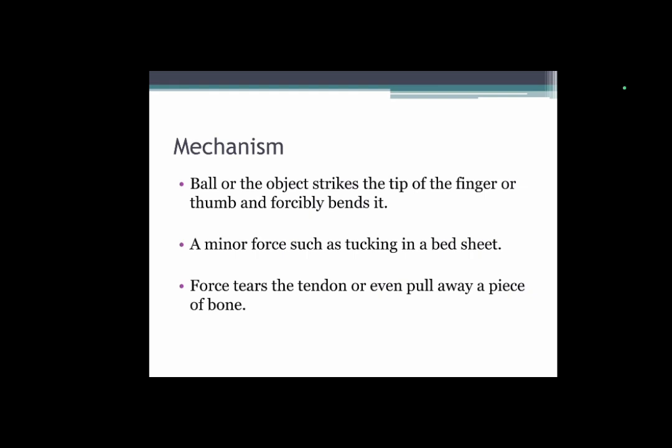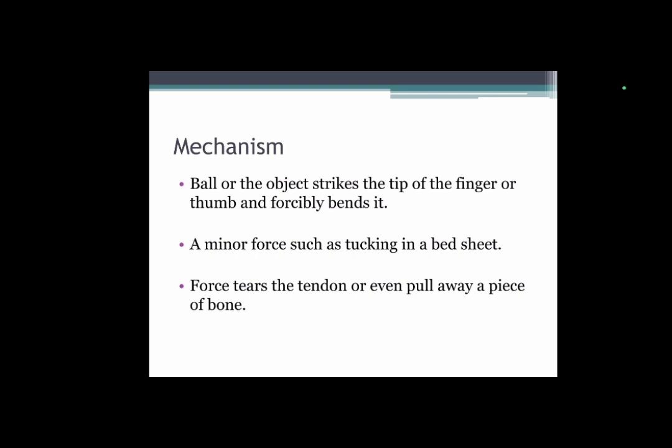The fingertip is forcibly bent while the extensor tendon is actively contracting. This causes rupture of the terminal extensor tendon or avulsion fracture of the distal phalanx. Common causes: ball sports, for example cricket, basketball, volleyball; finger jam injuries, falls and accidents, direct trauma to the fingertip.